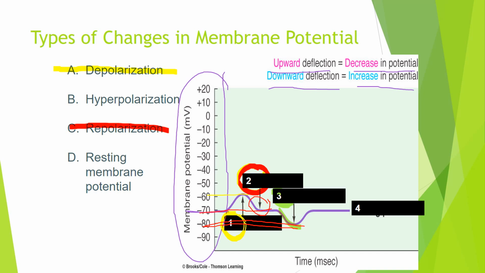So at stage 3, we have become hyperpolarized. And then when we go back to normal, here at stage 4, we see the voltage is again back at negative 70. And so now we are maintaining our resting membrane potential in terms of this graph.